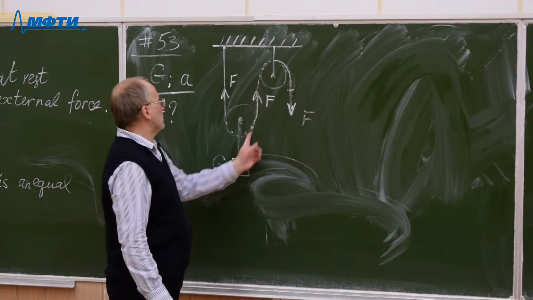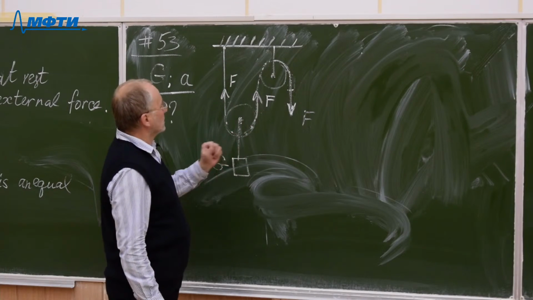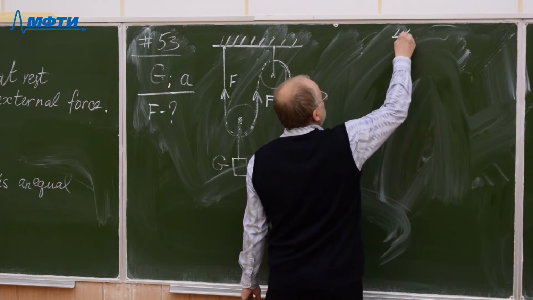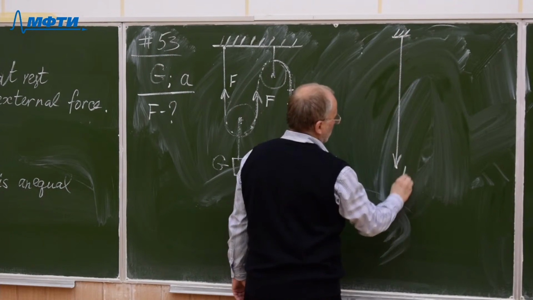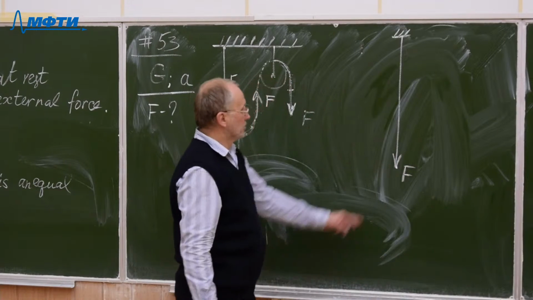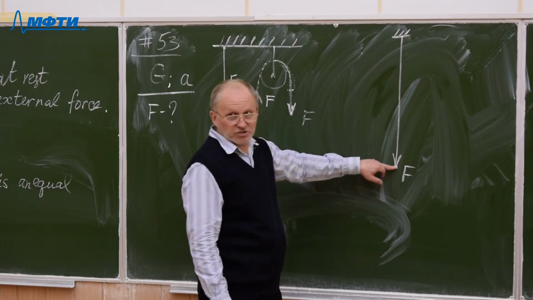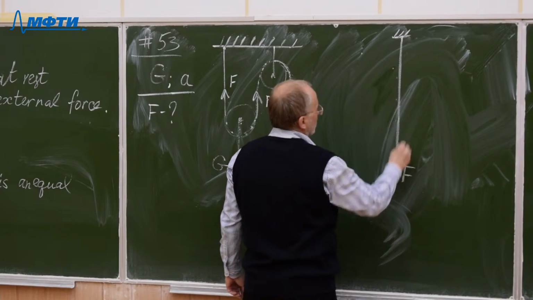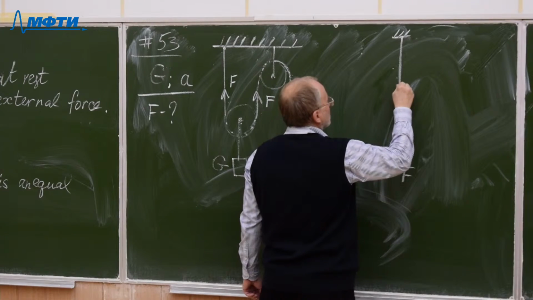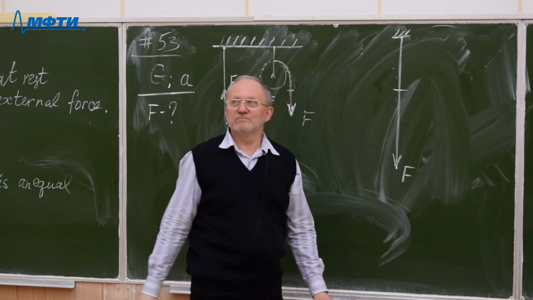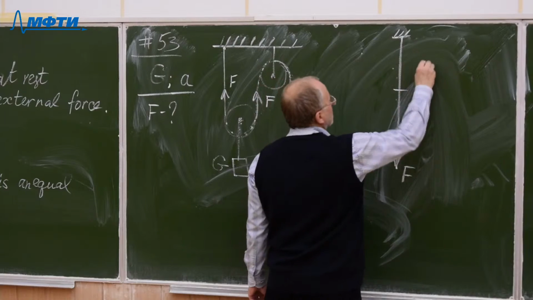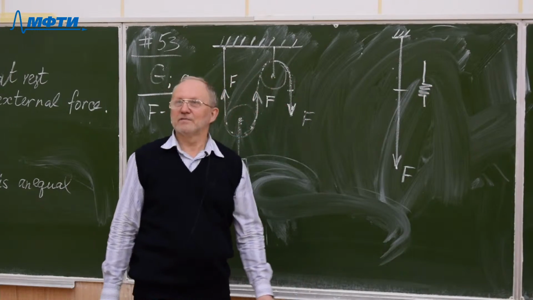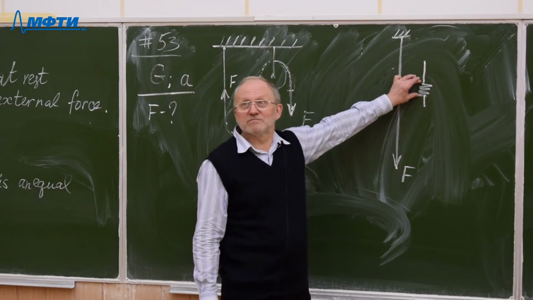And what is discussed here is that if you have just a string and you pull it down with force F, this will be the force of tension in any point of the string. This is a string, and in any point you may break the string here and insert a small spring to measure the force of tension.